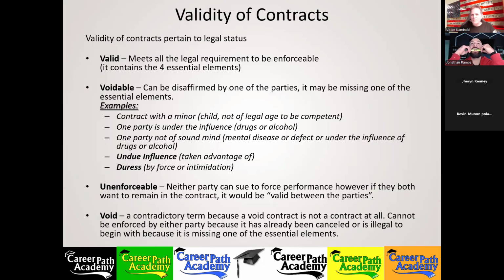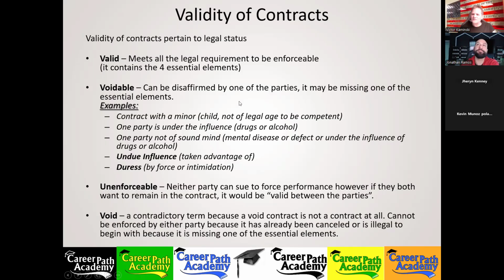If tomorrow, when they both sober up, the seller still wants to sell and the buyer still wants to buy, this contract would be valid between the parties. However, neither one of them can sue to force performance if either one breaches the terms of the contract, because they were both incompetent at the time they signed. That's an unenforceable contract.